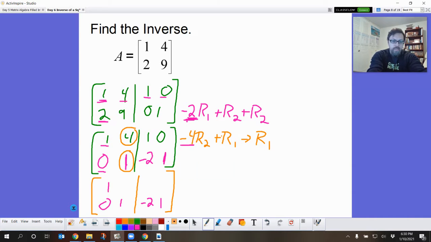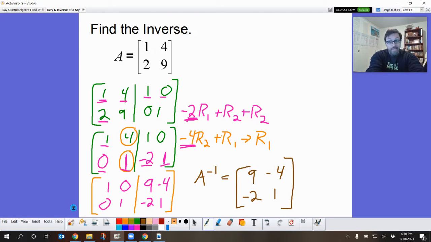And then -4 times 1 is -4 plus 4, that's 0. Cool. -4 times -2 is 8, plus 1 is 9. -4 times 1 is -4 plus 0 is -4. So our inverse matrix, A inverse, equals 9, -4, -2, 1.